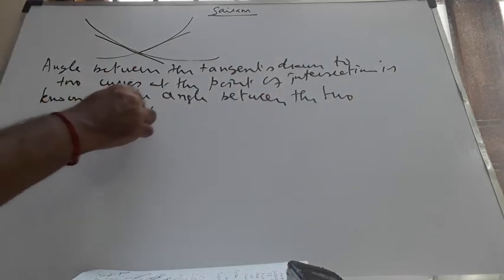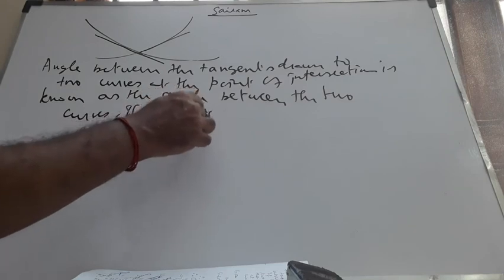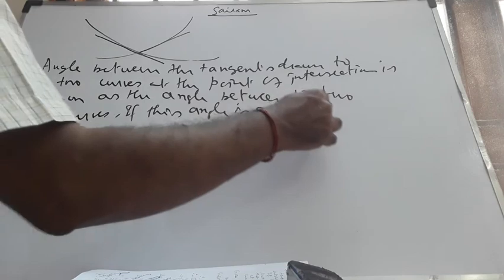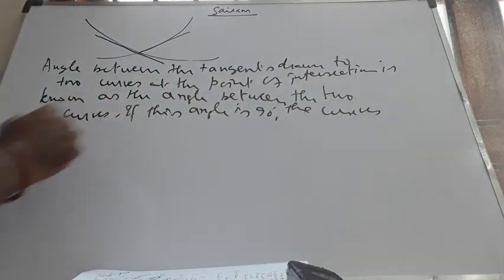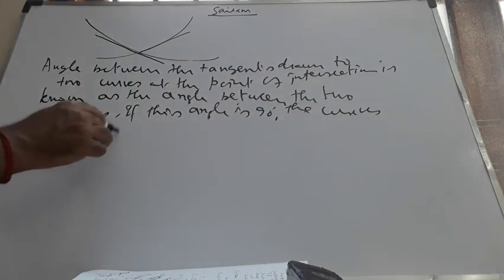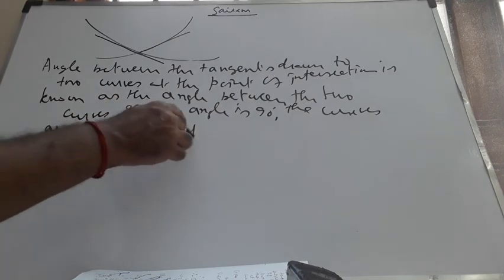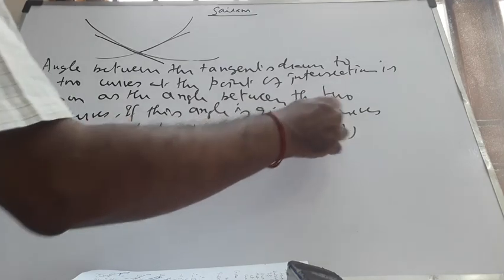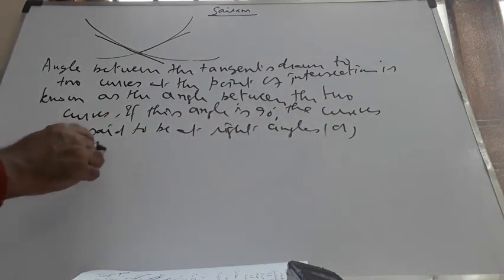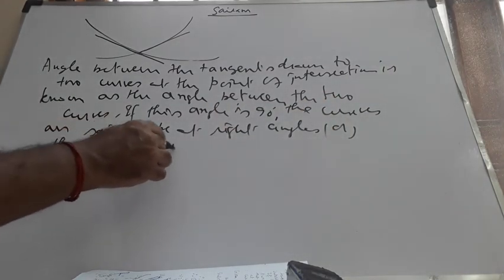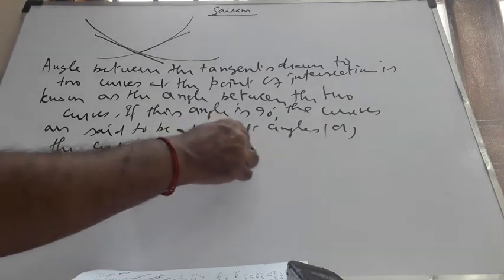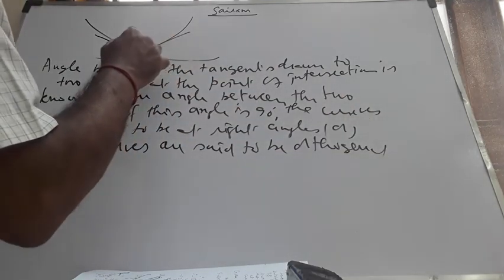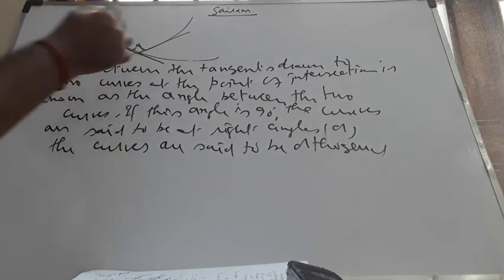If this angle is 90 degrees, the curves are said to be at right angles, or the curves are said to be orthogonal.